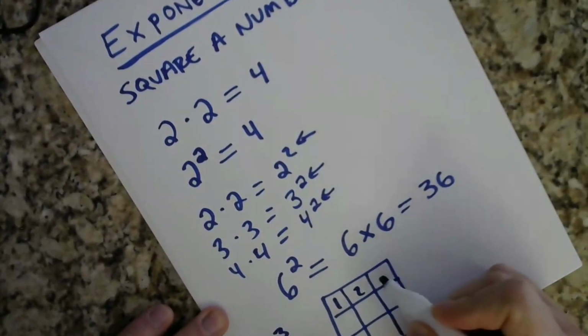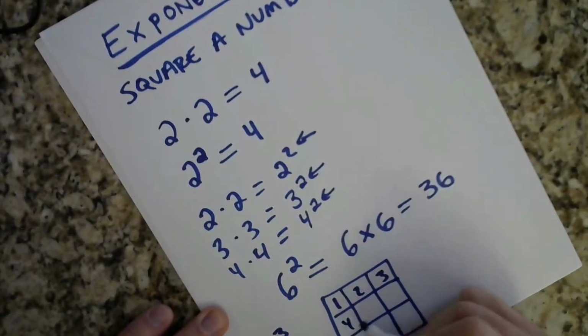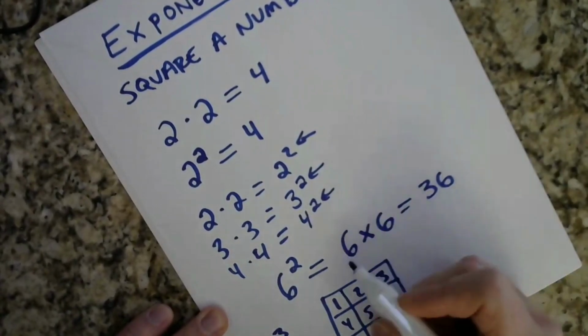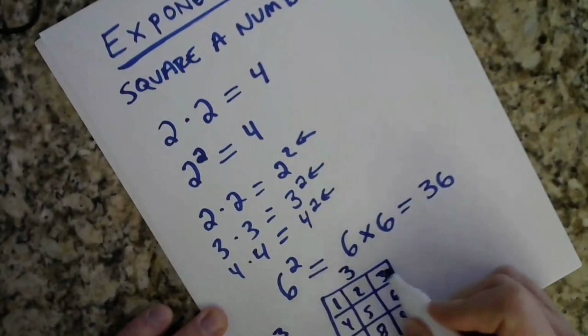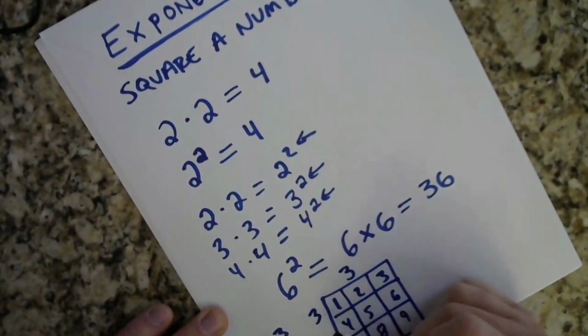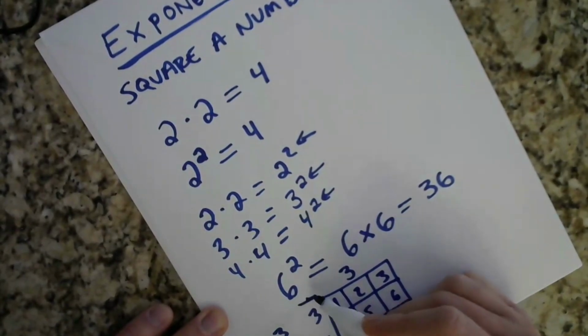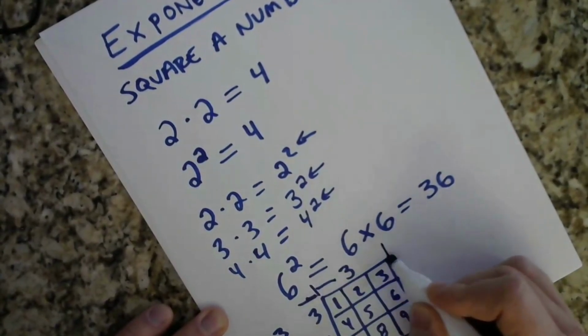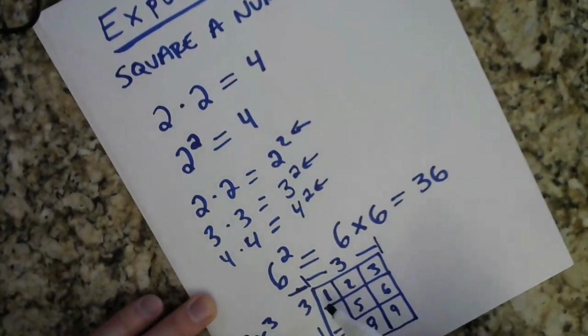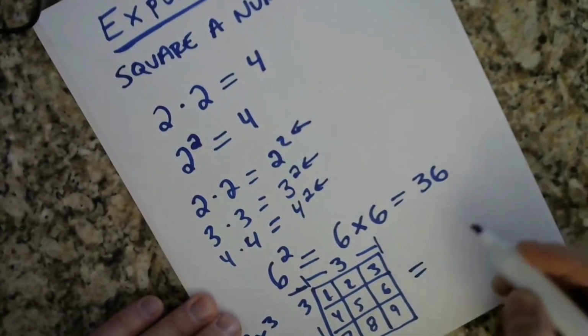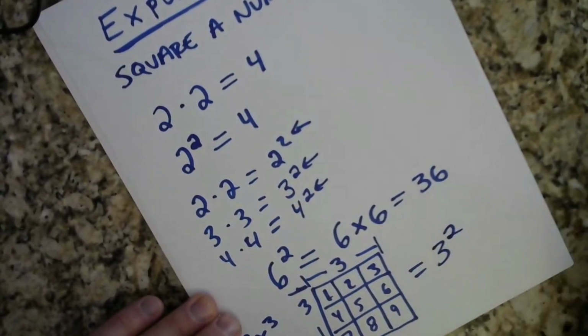So 1, 2, 3, 6, 7, 8, 9. So you have 3 boxes long and 3 boxes tall. But if you look at the numbers, basically you have 3 sets of 3, so 3 times 3 is 9, which is also the equivalent of 3 squared.